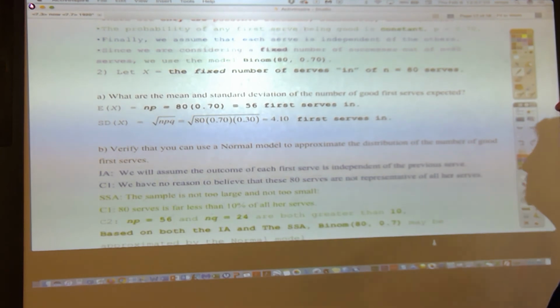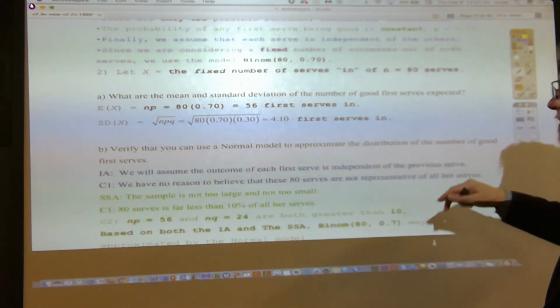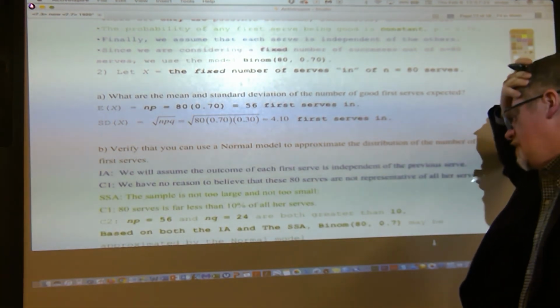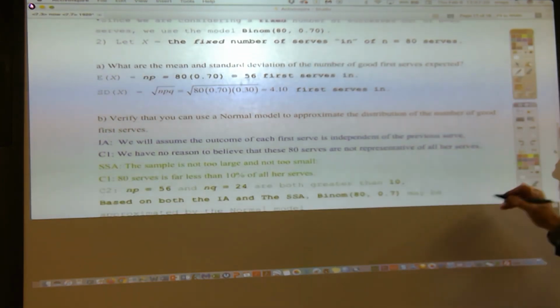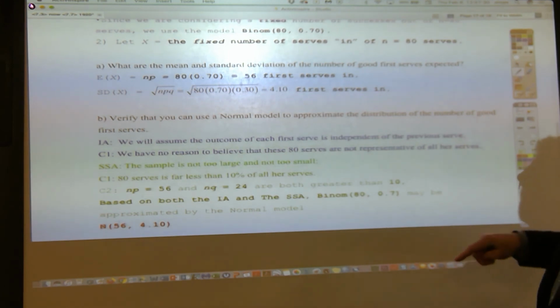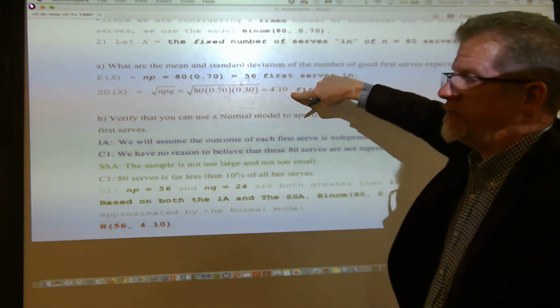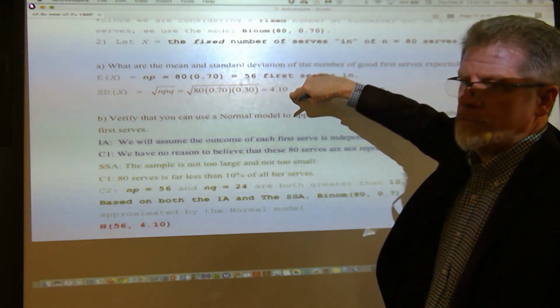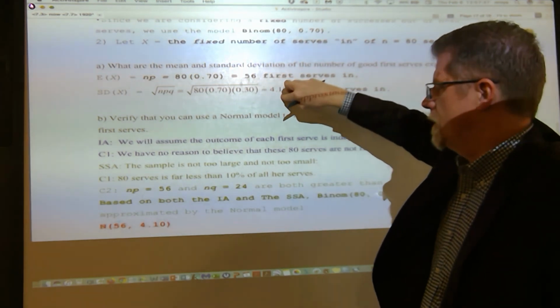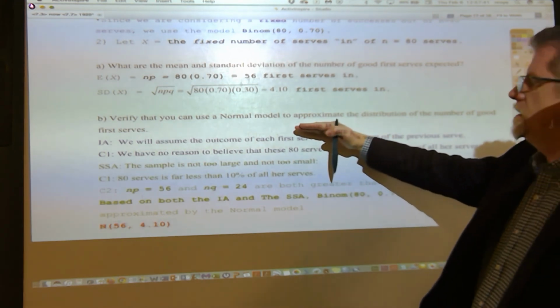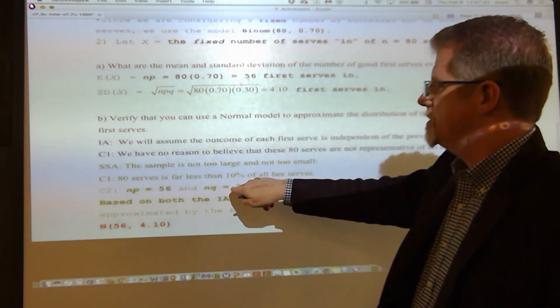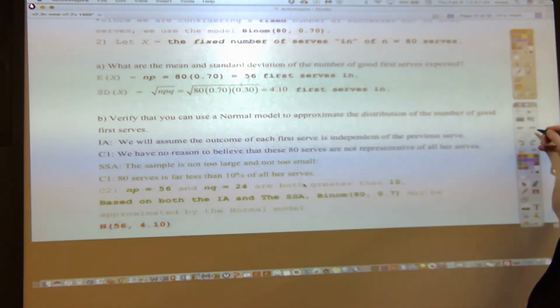So we can use the normal model with a mean of 56 and a standard deviation of 4.10. Really, all you have to do is say that np and nq are both greater than 10. Let's go to the next page.